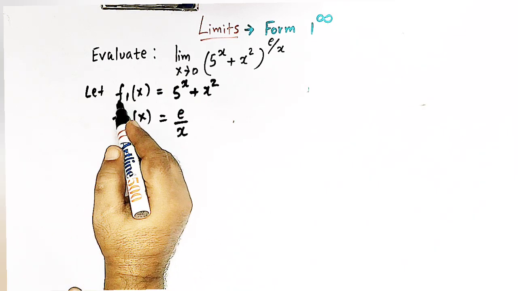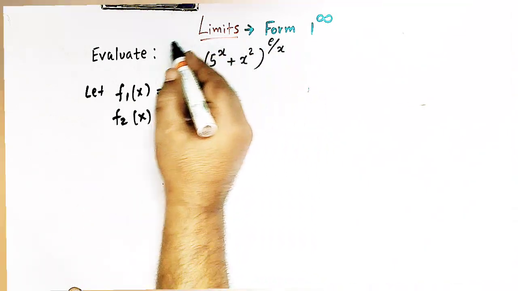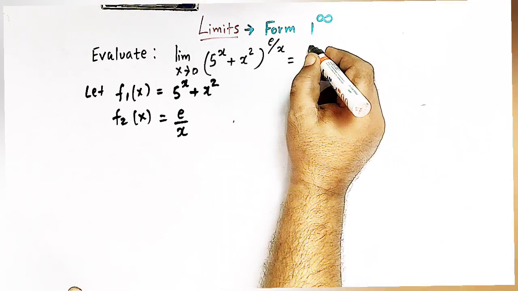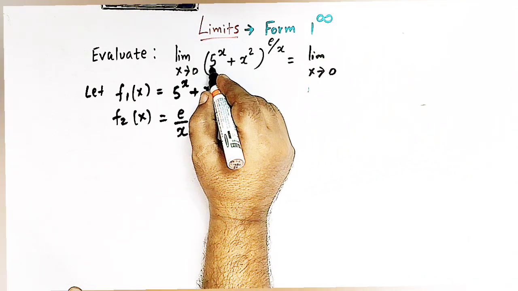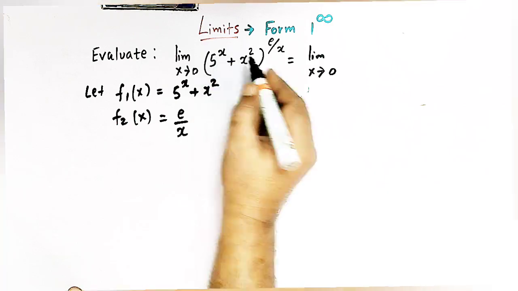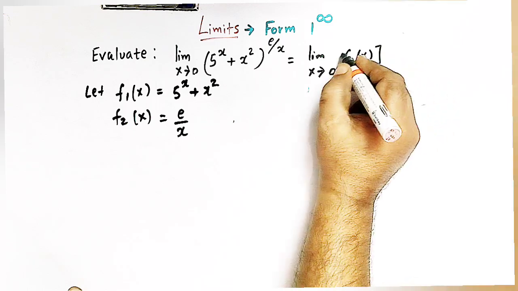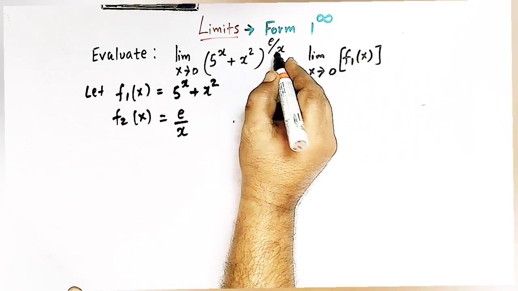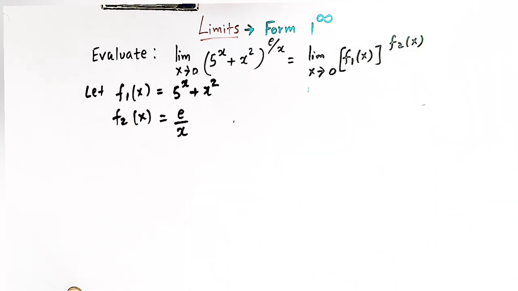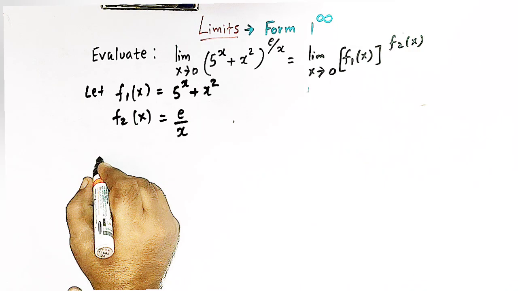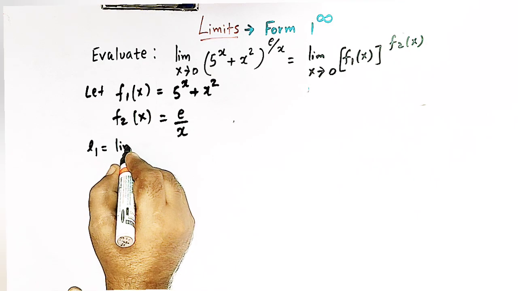Using this notation, the limit takes the form limit x tends to 0 of f1(x) raised to f2(x).